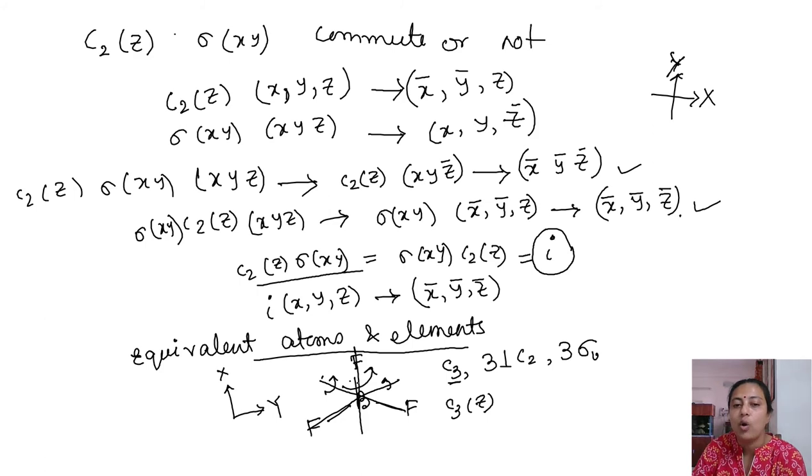And along with that, C21 would be converted to C22, converted to C23. That means all the C2 axes as well as all the sigma planes are going to be mixed with each other. So if by a particular symmetry element some other symmetry elements are mixed with each other, then those symmetry elements are called equivalent elements. So the perpendicular C2s and the sigma V's are called equivalent elements, and likewise equivalent atoms.